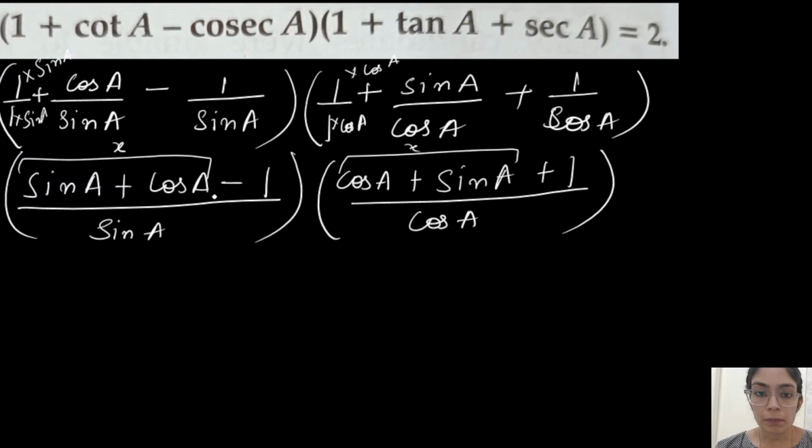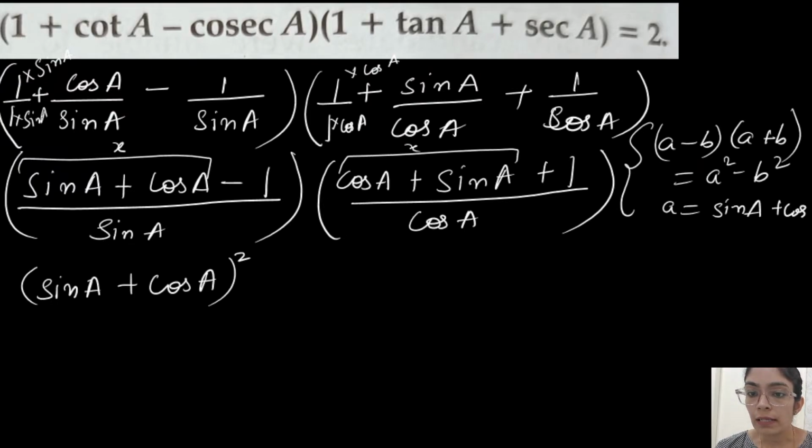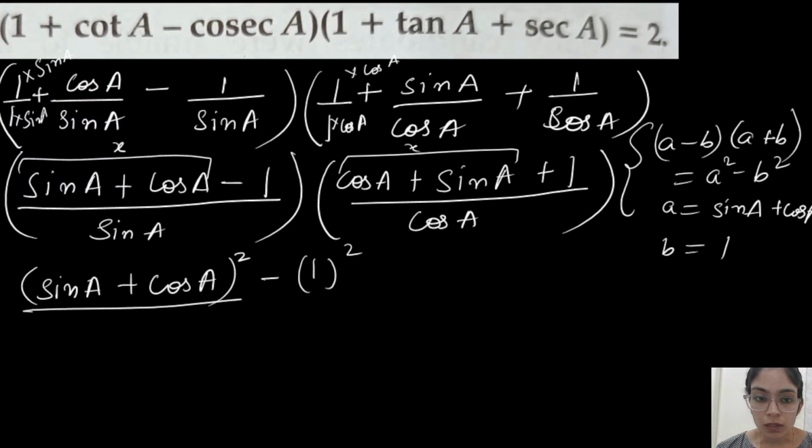So a plus b into a minus b, where a is sine A plus cos A and b is equal to 1. So I will get a square minus b square by sine A cos A, and sine A cos A as it is.